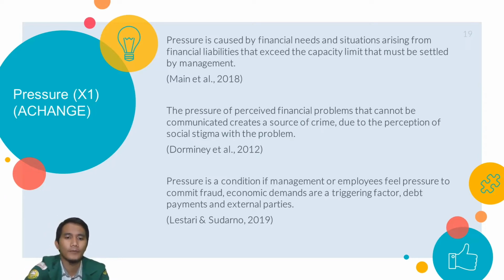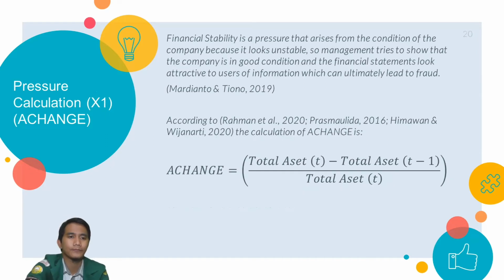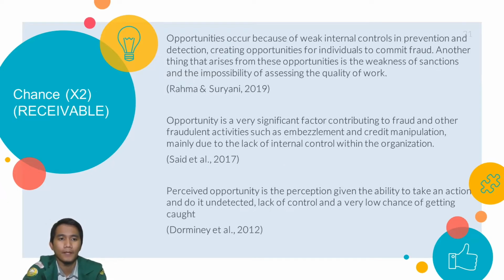Pressure calculation is the change in total assets: total assets now minus total assets of the previous year, divided by total assets now, and the change in receivables.